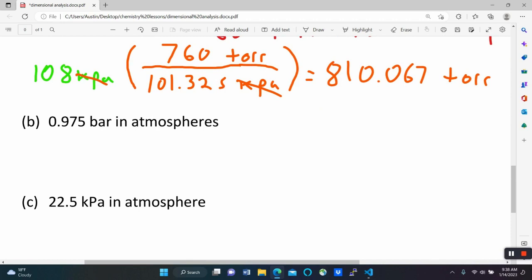First of all, we're told that 1 bar is equal to 1 times 10 to the second kilopascals. And then we're also told that 1 ATM is equal to 101.325 kilopascals.